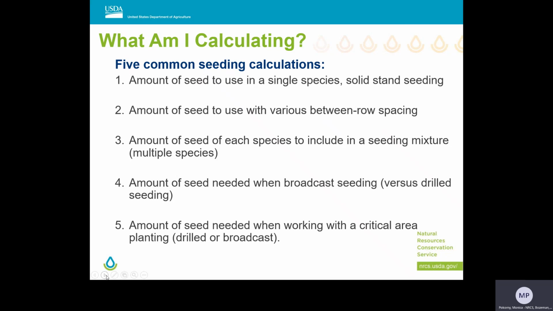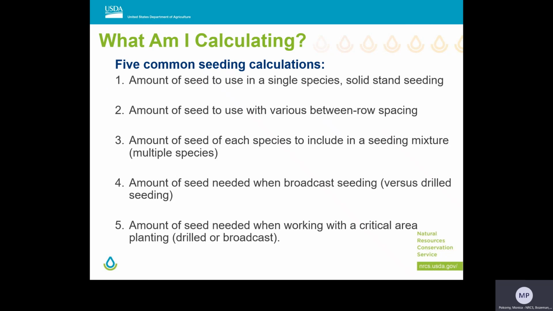There are 5 common seeding calculations that we're going to cover today. These are commonly encountered when you're putting together a seeding plan. The first is simply a conventional single species seeding. We're also going to discuss how to adjust calculations if you change the between row spacing of your drill seeder.